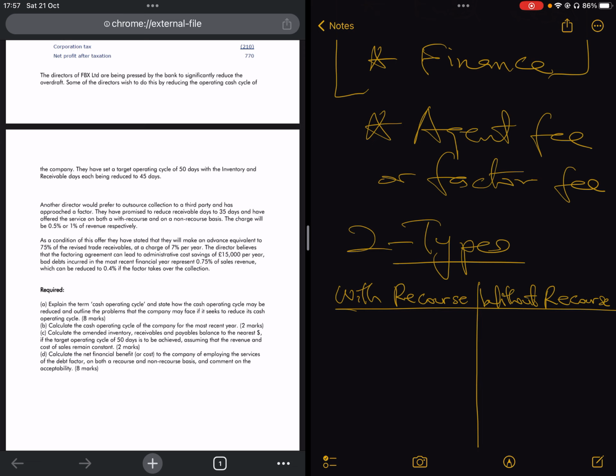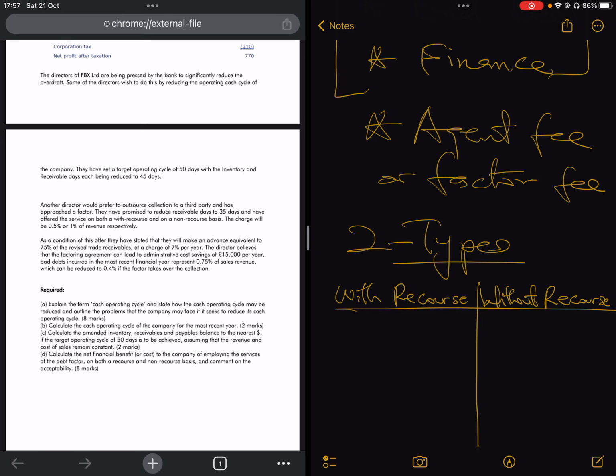For without recourse, all the risk has been fully transferred to the factor. The company that has receivable does not have any exposure to collection risk, no more default risk. So in that case, for that company that uses without recourse, bad debt is usually zero.